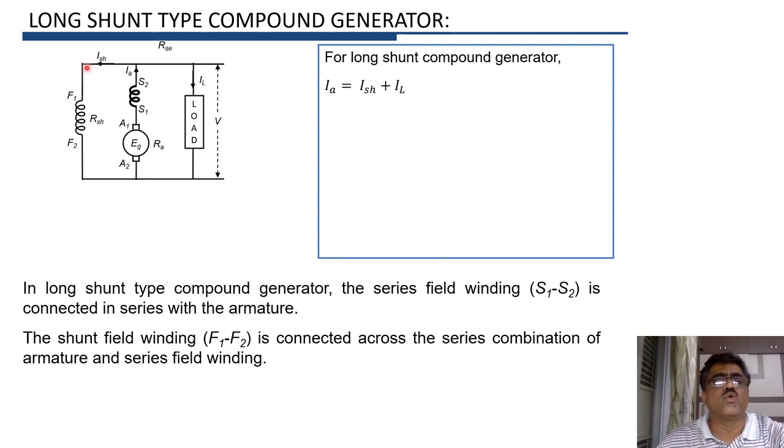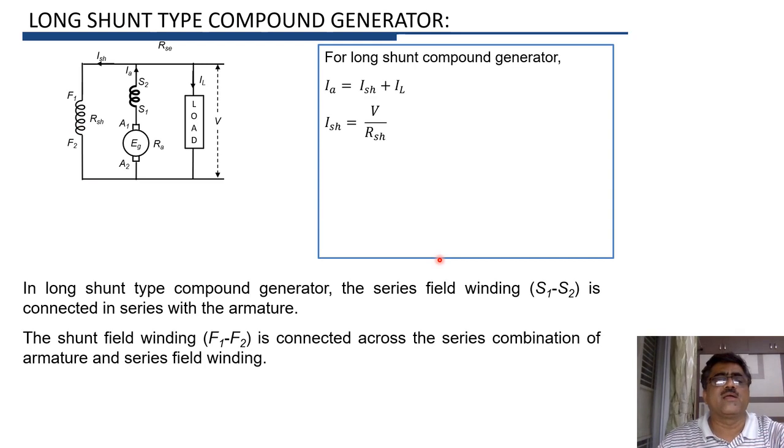Then current through shunt field winding is voltage across shunt field winding divided by resistance of shunt field winding, and therefore ISH is equal to V upon RSH. V is the voltage across shunt field winding and RSH is the resistance of shunt field winding.